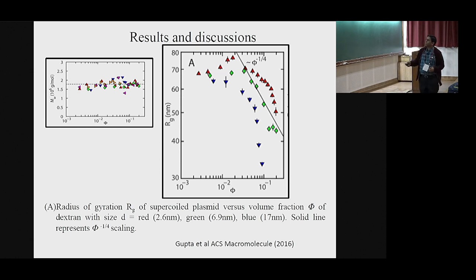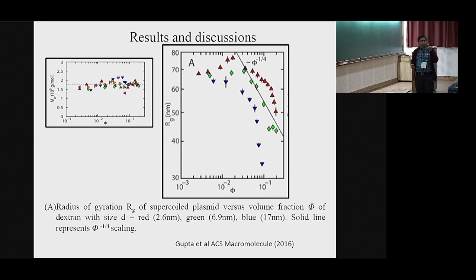When you measure the radius of gyration against the volume fraction, it scales with phi raised to minus 1 by 4, where phi is the volume fraction. You can see here the radius of gyration for a small crowder. For the 2.6 nanometer dextran particle, the radius of gyration increases.